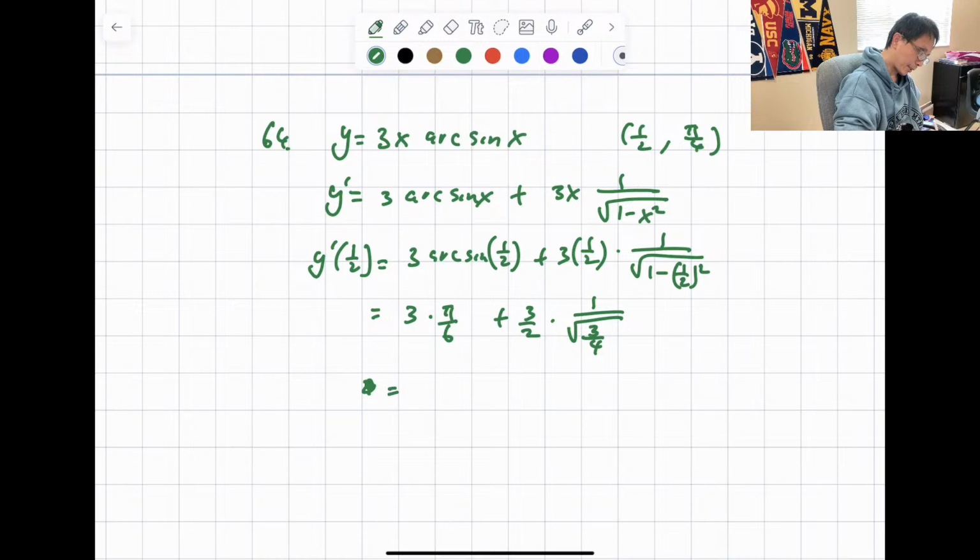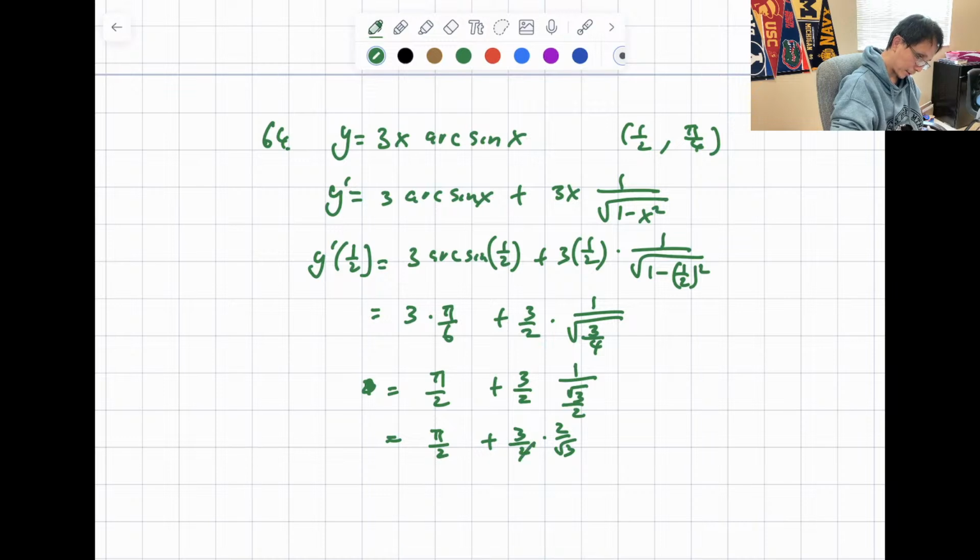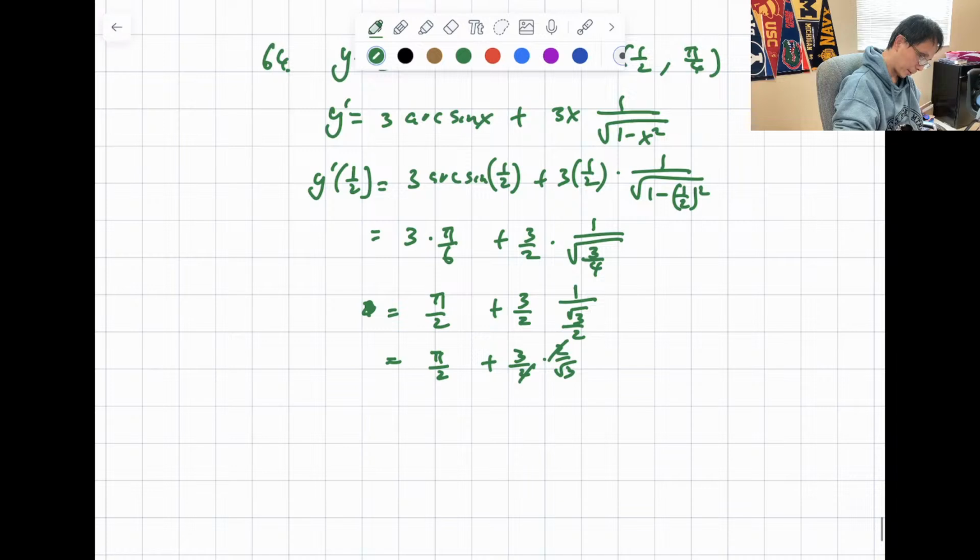So that's equal to pi over 2 plus 3 over 2 times 1 over root 3 over 2, which is times 2 over root 3. Is that okay? That gives pi over 2 plus 3 over root 3, then rationalize.